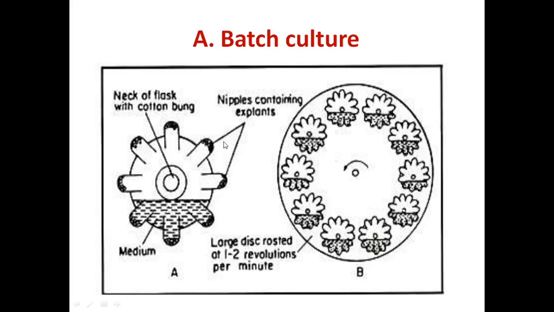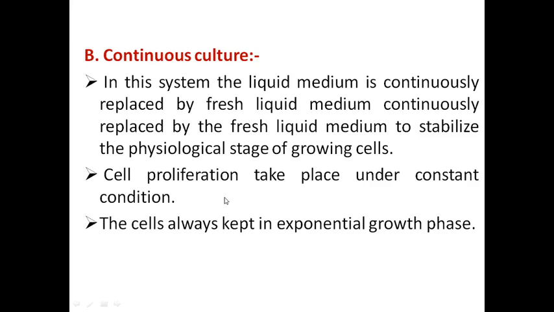This is a nipple containing the explant. See, this flask is rotating, and an equal amount of medium is provided to all the tube-like structures. Okay, next I am focusing here on the continuous culture.